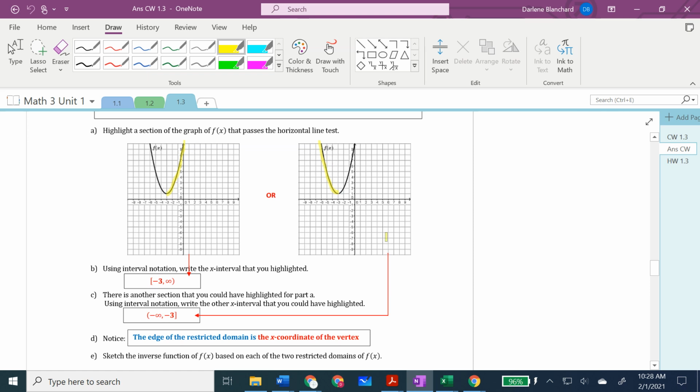However, if this was the one you started with, then these boxes would be swapped just because of how you did it. The thing that's very important is the x coordinate of the vertex. That is always the edge of your restricted domain. The x coordinate of the vertex is always the edge of your restricted domain.